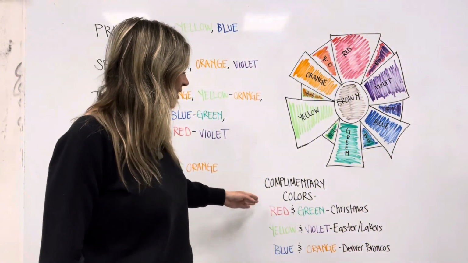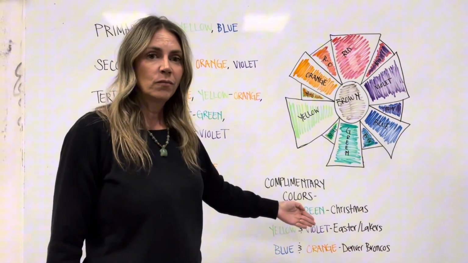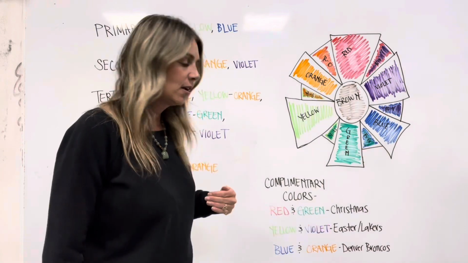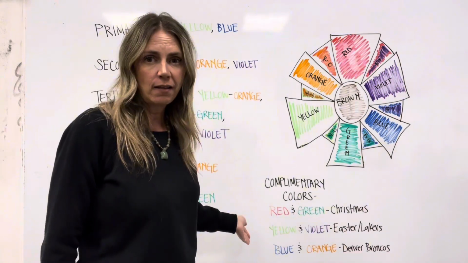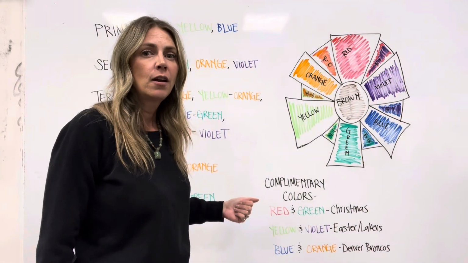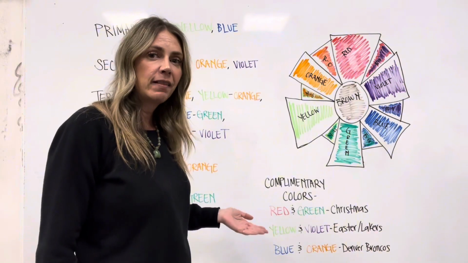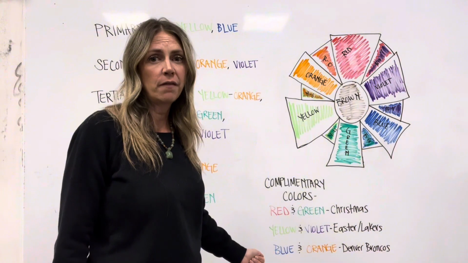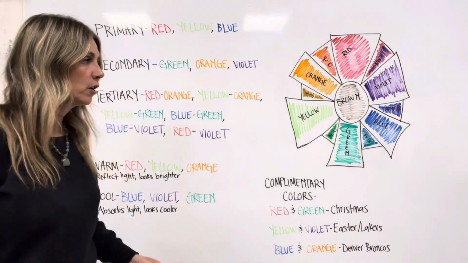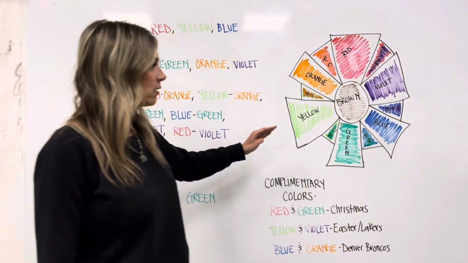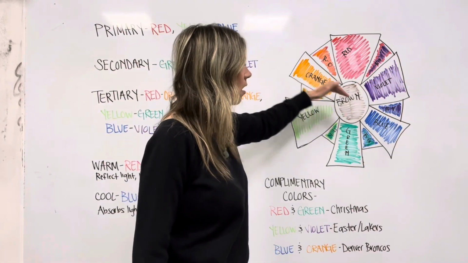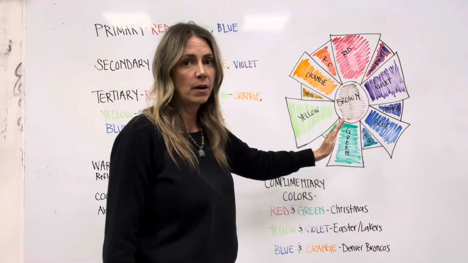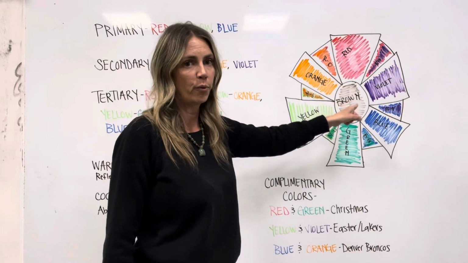All right, so we have red and green, which remind me of Christmas. Then we have yellow and violet, which remind me of Easter or the LA Lakers, right? And then we have blue and orange, which remind me of the Denver Broncos. So those are your complementary colors. Again, they are diagonally across from each other on the color wheel. And if you mix them in equal parts, they will get you brown.